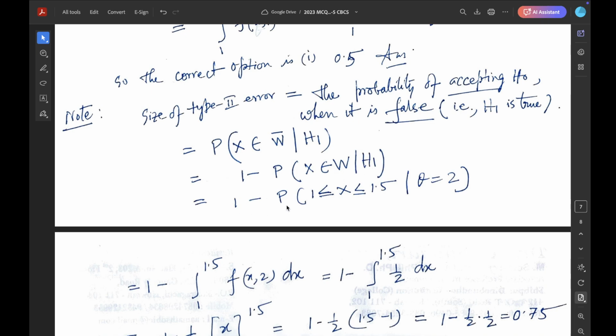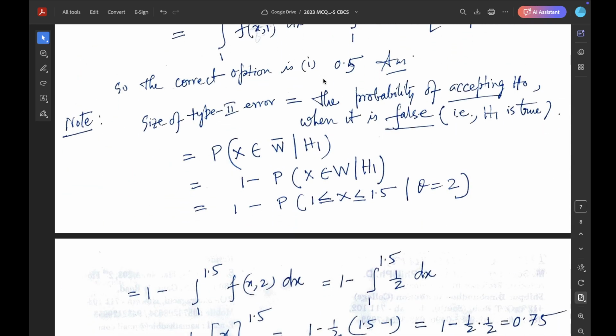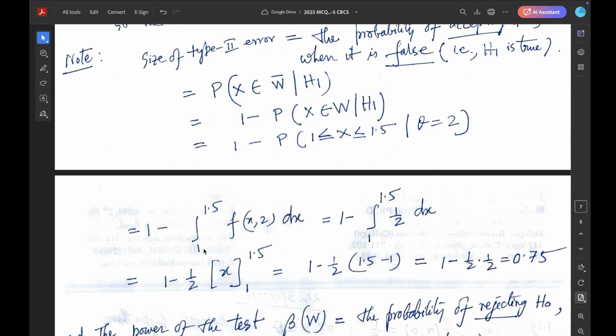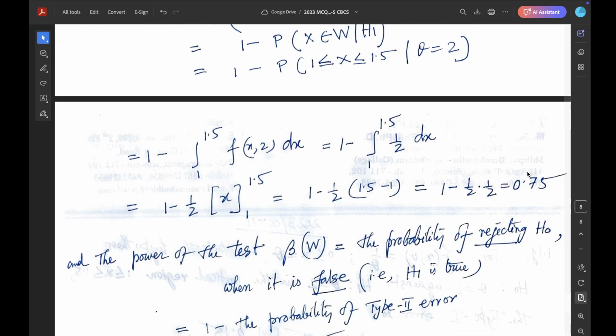W is the region 1 less than or equal to x less than or equal to 1.5, and H1 is theta equal to 2, so 1 minus the integral from 1 to 1.5 of f(x) dx, where f(x) equals 1 by theta, so 1 by 2. After simplification we get 0.75 as the size of the type 2 error.